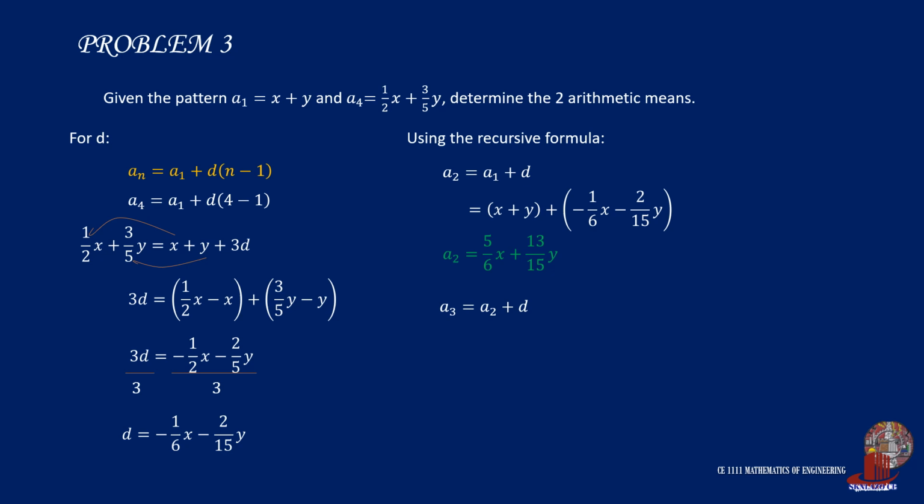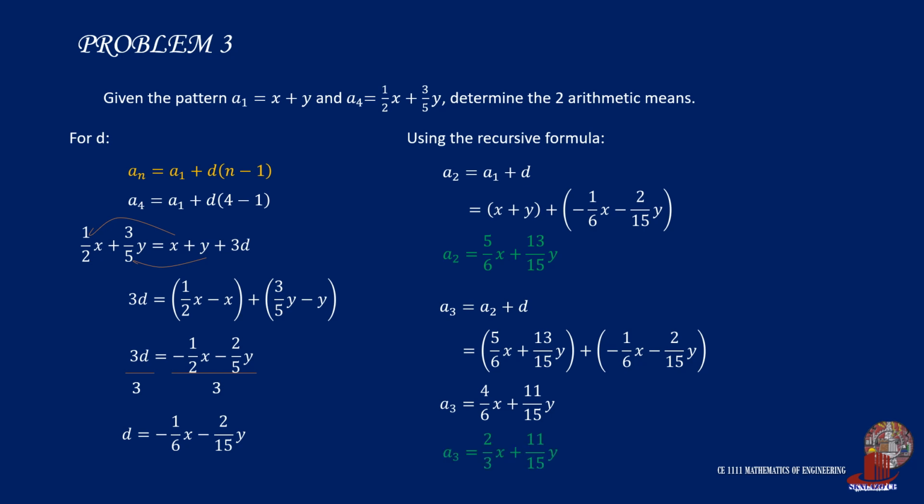A sub 3 is also a sub 2 plus d, that is 5/6 of x plus 13/15 of y plus negative 1/6 of x minus 2/15 of y, to have a sub 3 as 4/6 of x plus 11/15 of y. This can also be reduced as 2/3 of x plus 11/15 of y.